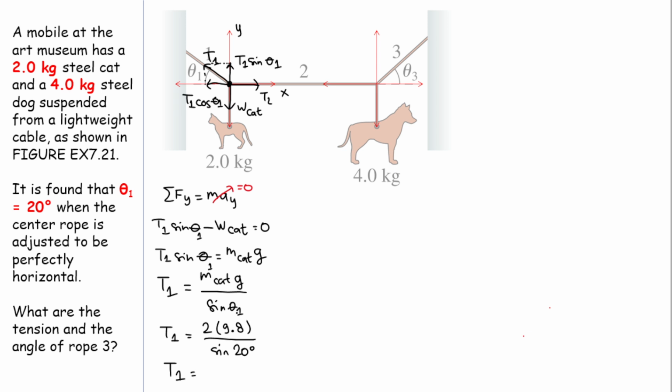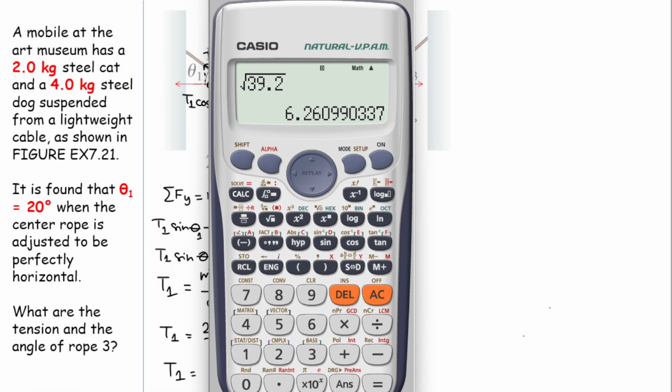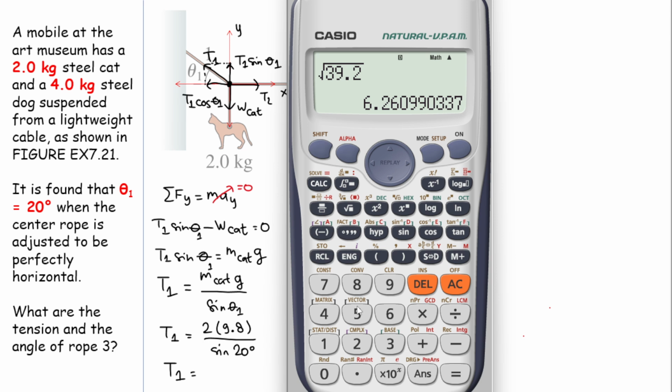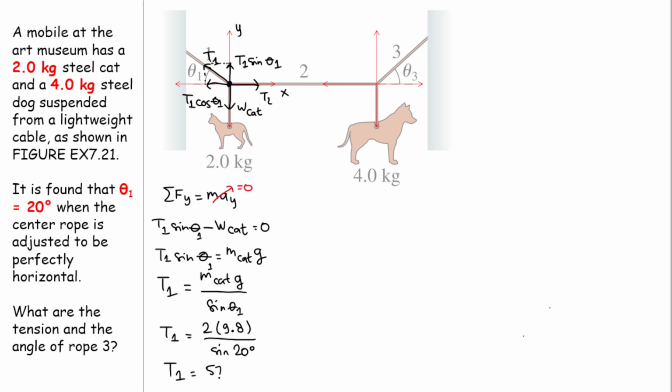Let's plug this into the calculator: 2 multiplied by 9.8 and then divided by sine of 20. And we will have 57.31, and the unit here will be in Newtons.